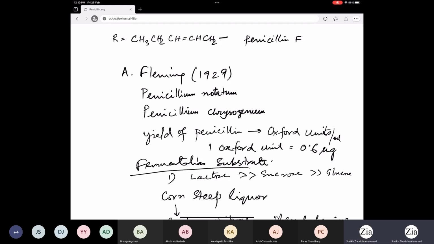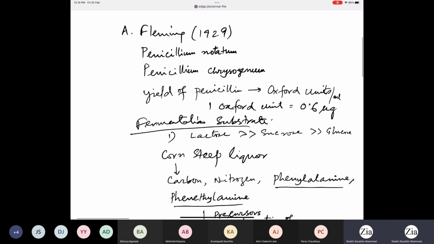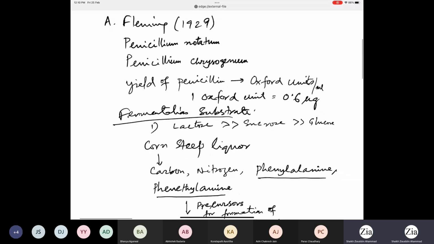And industrially, to reduce the cost of operation, instead of using pure lactose, sucrose or glucose, we use corn steep liquor that we can get from the brewer industry, and this corn steep liquor has sufficient carbon, nitrogen, and also a few precursors of penicillin G.